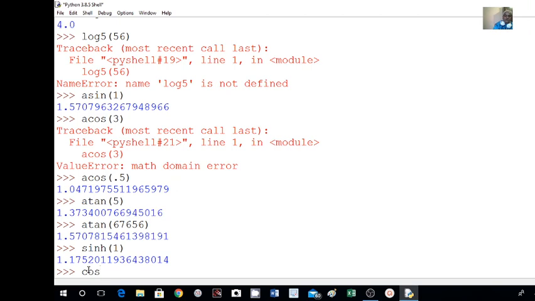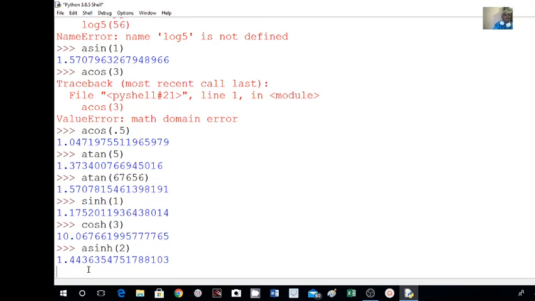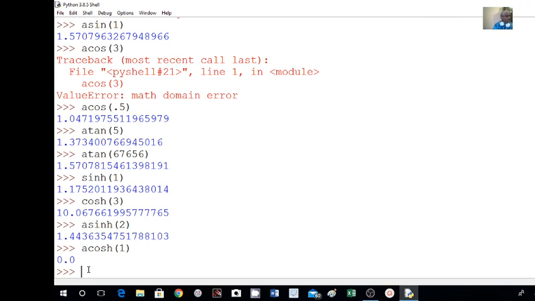Cosh of say 2 or 3, I am getting some answer here. The hyperbolic functions are also working, and the inverse hyperbolic functions, asinh of say 2, and acosh of say 1. I am getting the value here.